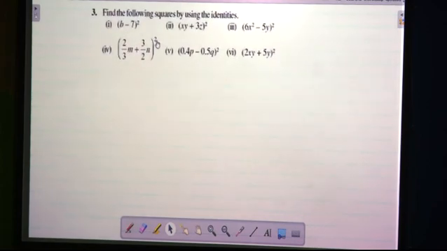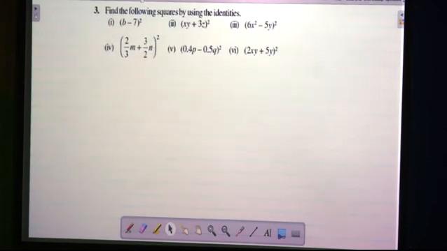Let us see how to solve this. We shall try to solve the end sums. That is, first we shall solve the sixth sum. From question 3, sixth sum, it is 2x plus 5y bracket square.